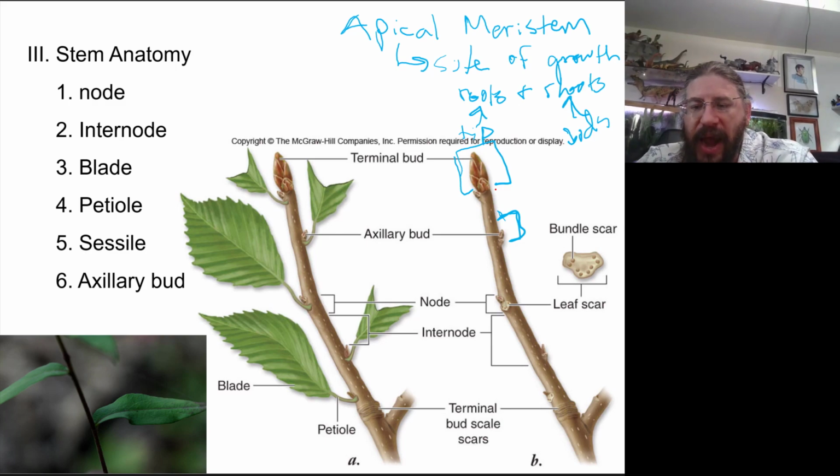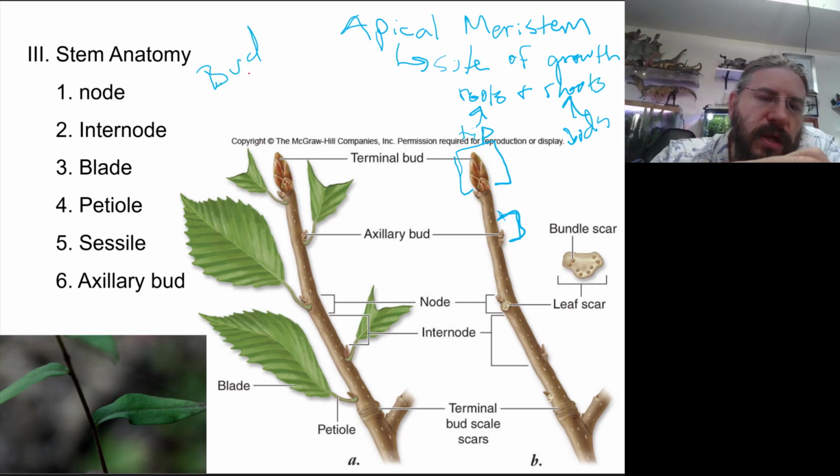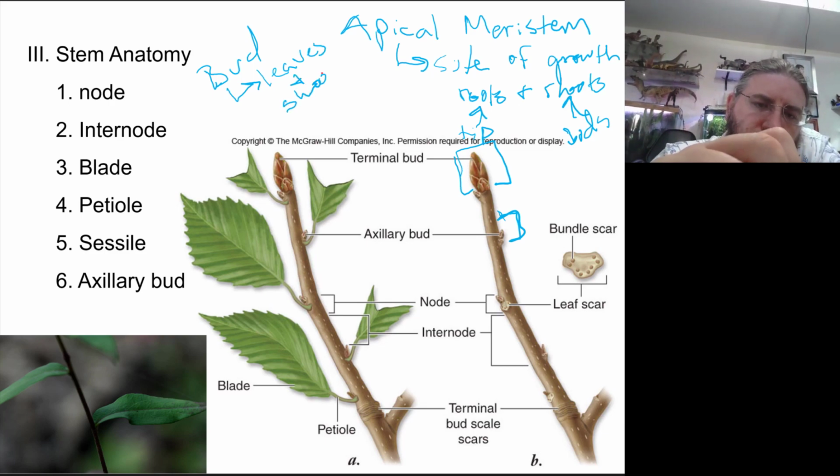So, an apical meristem is a bulge that will develop into leaves and shoots. So, a bud is a part of the apical meristem that will produce leaves and shoots, and, where applicable, flowers.